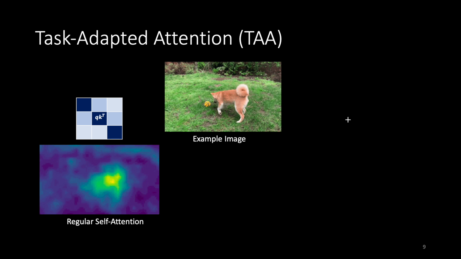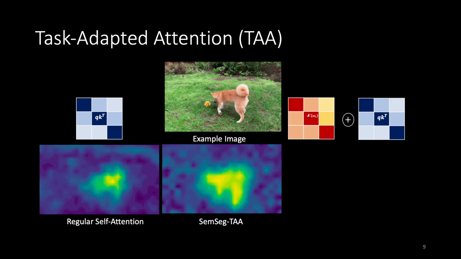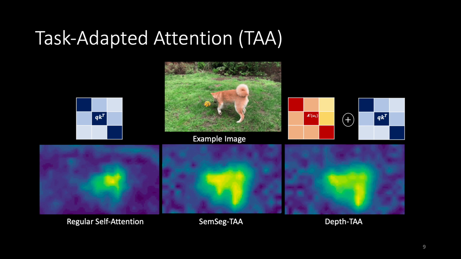In contrast, our task-adapted attention mechanism leverages the task affinities as well as representations from TRUA and combines them with the image feature seen in blue. And this gives us the task-specific attention, seen here in the form of semantic segmentation TAA. Similarly, this is the depth TAA. We will show that this task-adapted attention ultimately gives better predictions on the respective tasks.